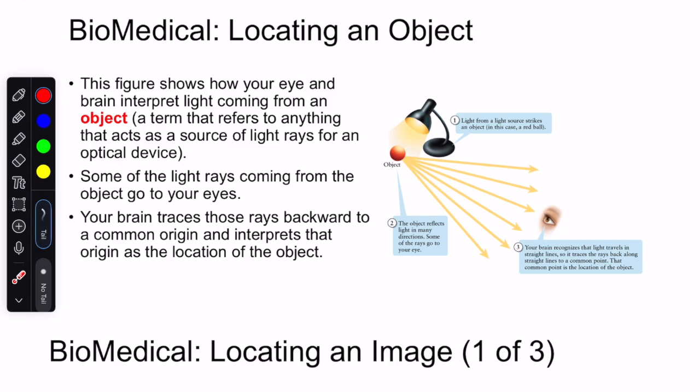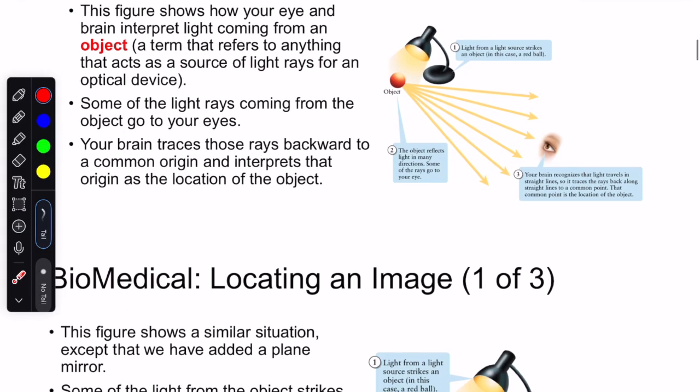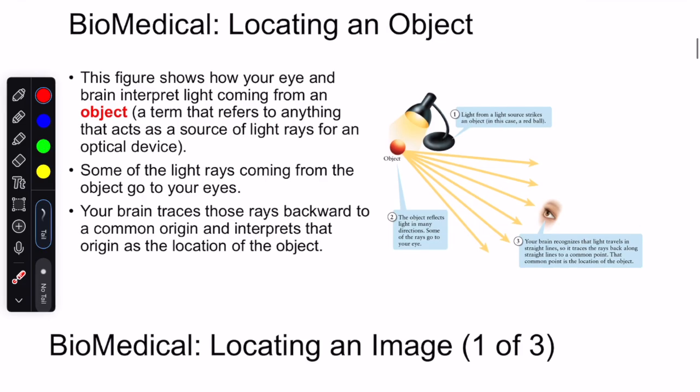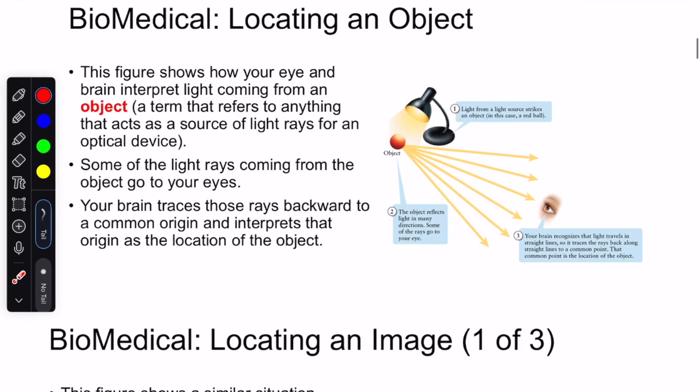So it instead traces back a straight line, which looks shallower than the actual depth. This is the same idea: anything we see, our eye automatically assumes that light ray came from a straight line path away. And that's going to be an important concept when we look at images produced by mirrors.